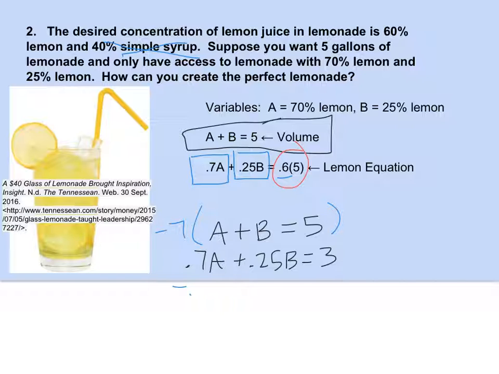So I'm going to get negative 7/10 A plus negative 7/10 B equals, to do negative 0.7 times 5, just do 7 times 5, which is 35, and then move the decimal back over. So it's negative 0.35, and I'm going to add these to eliminate my A's.